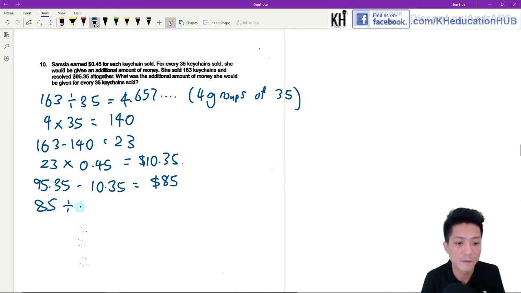So I'm going to use 85 divided by 4 to find how much one group is. Okay, one group is $21.25.